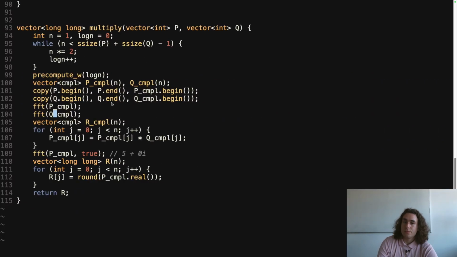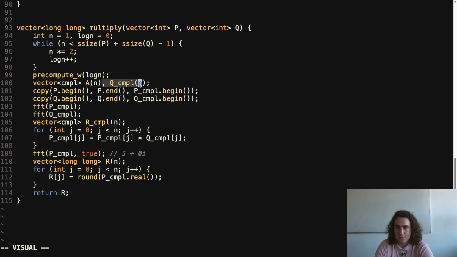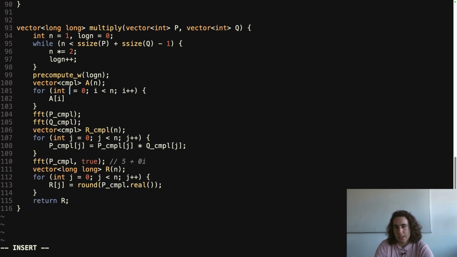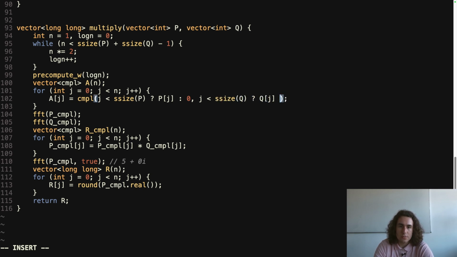So what I'm going to do is have only one vector A, and I'm going to put all the coefficients of P and Q into A. Again, we're not using index i, we're only using index j. It's a complex number with the real part Pj and the imaginary part Qj. But these could not exist, so we need to check j is smaller than the size of P, otherwise 0, and j is smaller than the size of Q, otherwise 0.